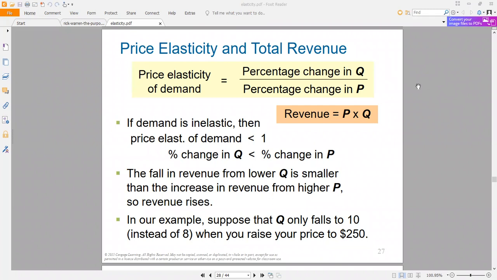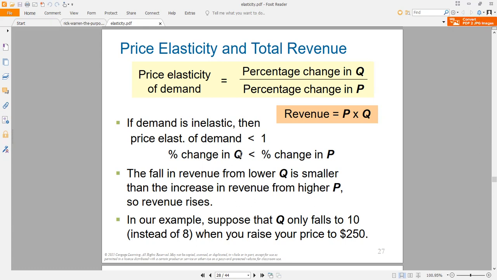All right, so let's look at the second scenario where the demand for the good is inelastic. So inelastic demand means that the percentage change in quantity demanded is less than the percentage change in price. Okay, so what this means is that whenever you increase price, the fall in revenue from the lower Q is smaller than the increase in revenue from the higher P. So this means that your total revenue is going to increase.